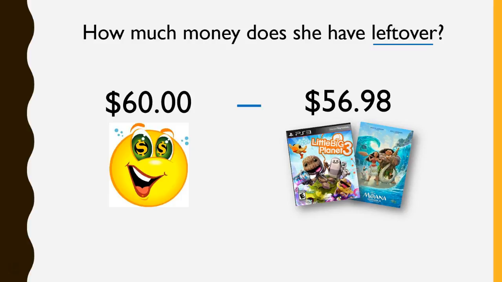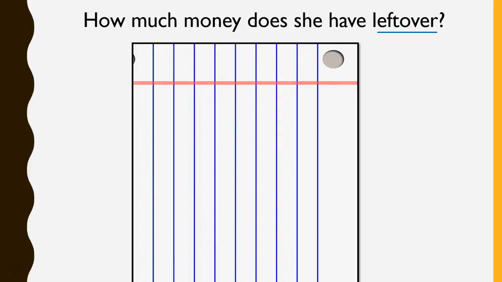So let's get out our piece of paper. Let's start lining up these 2 digits. And don't forget the decimal because she did not get $6,000 for her birthday, $60. And she did not spend $5,698.